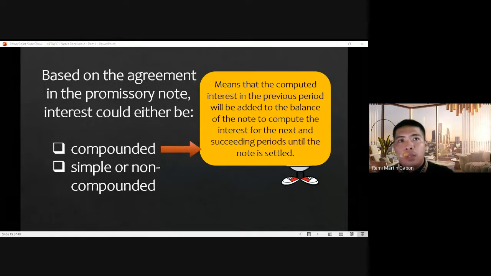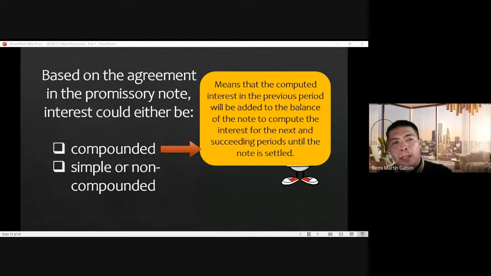The notion of compounding is actually simple: interest also bears interest. In Tagalog, interest gives birth to interest. The basic concept of an interest-bearing note is that the principal amount of the promissory note is the one that bears interest.